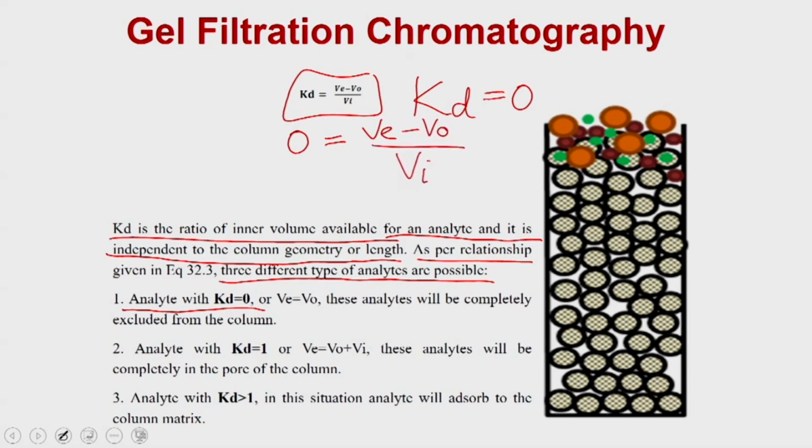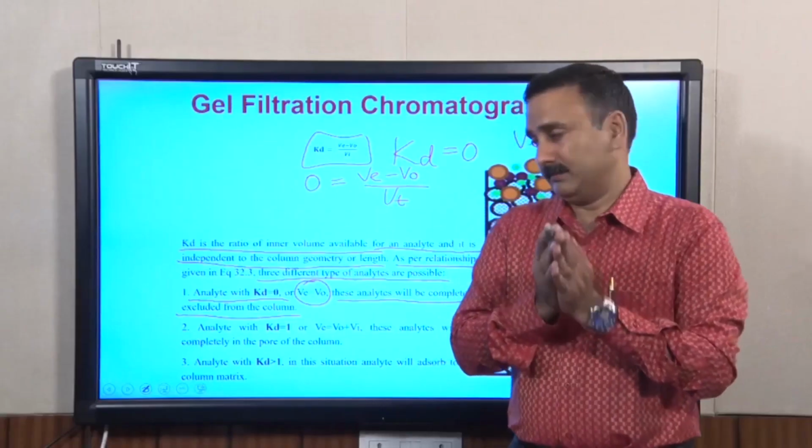If you do the rearrangement, what you will see is that Ve is equivalent to Vo, which means these analytes will be completely excluded from the column. So, if the Kd is 0, the molecule is not entering into the pores of these beads, and because of that Vi is going to be 0, and as a result Ve is going to be equivalent to Vo, which is the void volume.